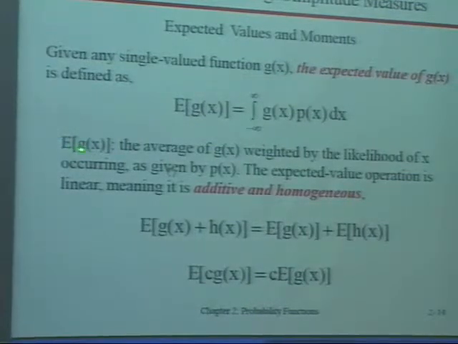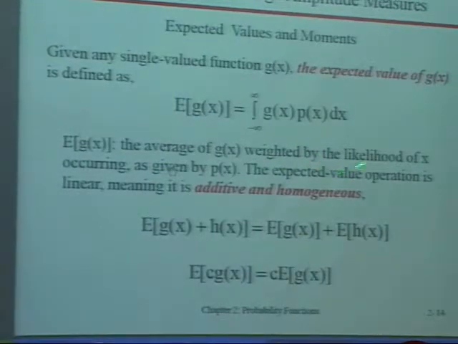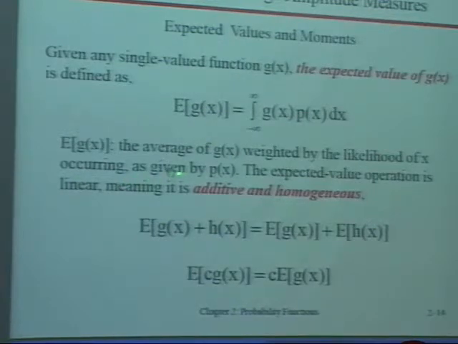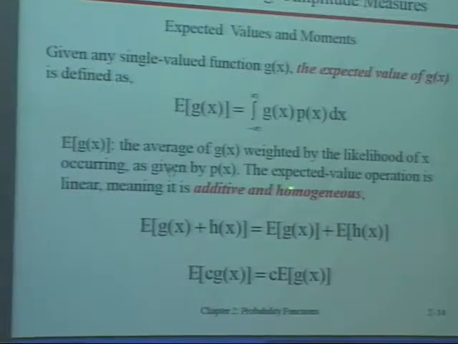The expected value of g is really the average of g weighted by the likelihood of x occurring as given by p(x). The expected value operation is linear, as we covered in chapter 1, meaning it is additive and homogeneous.